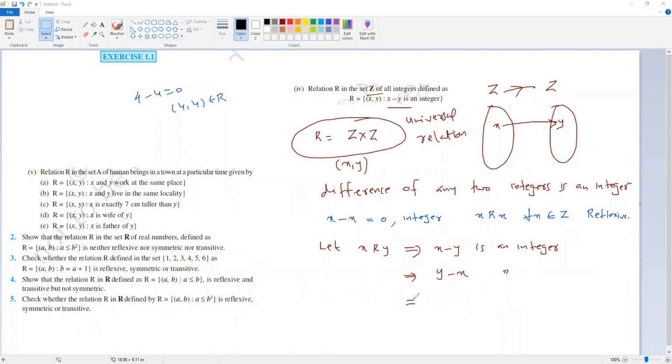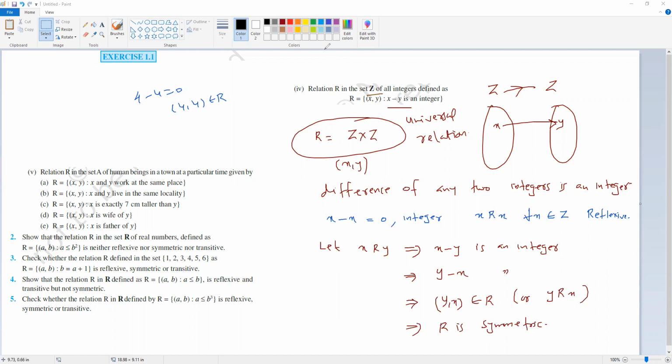So y minus x integer है तो as per relation y comma x रिलेशन में आएगा, और आप ऐसे भी बोल सकते हैं y is related to x. So this implies R is symmetric.